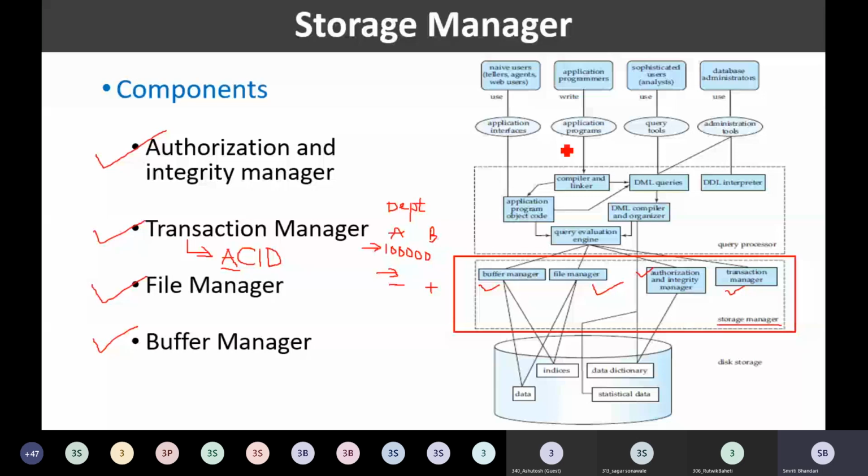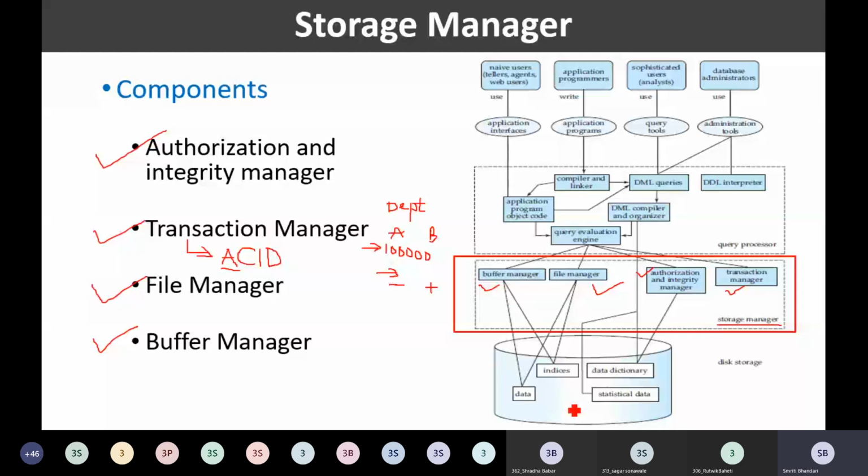If it is not available in my main memory, then the buffer manager will call it from the disk storage, and that data is made available to the user, right? So the movement of the data from disk storage to the main memory of the system, who is looking after this movement? The buffer manager.